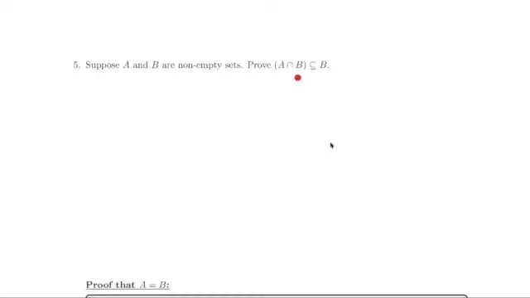So we are going to try and show that if A and B are two non-empty sets, then the intersection of A and B is going to be a subset of B. And just to be really clear, so the reader doesn't confuse anything, I put parentheses here.